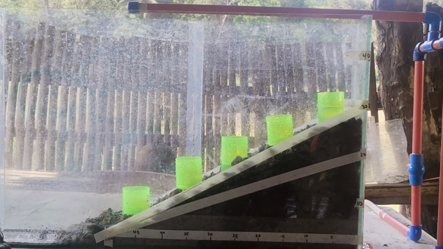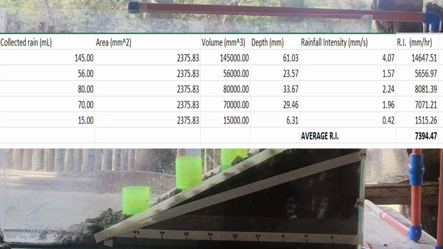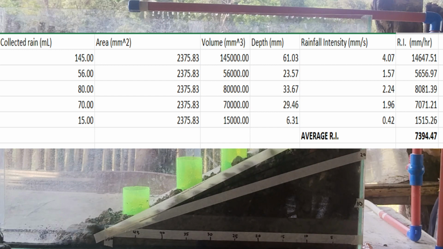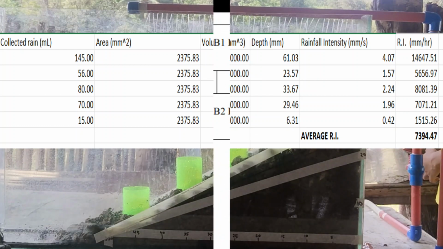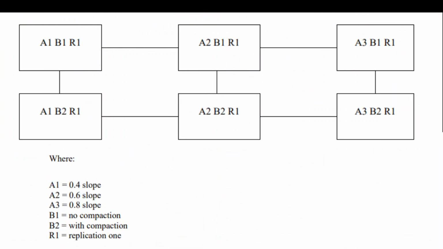By averaging the rainfall intensities from each point, we found that the average rainfall intensity of our sprinkler is 7,394.47 mm per hour.